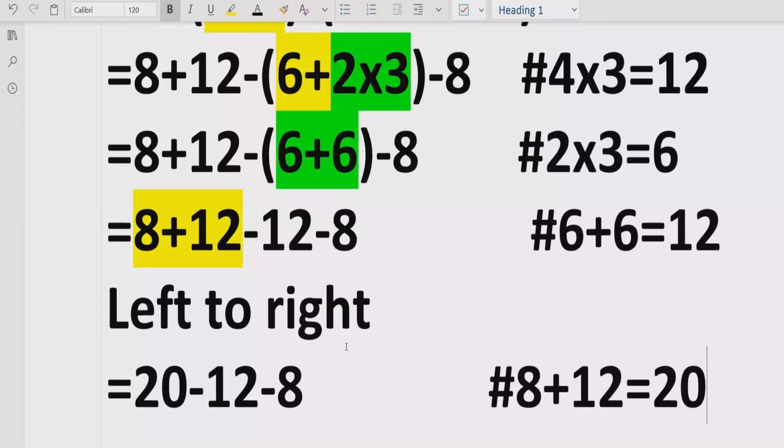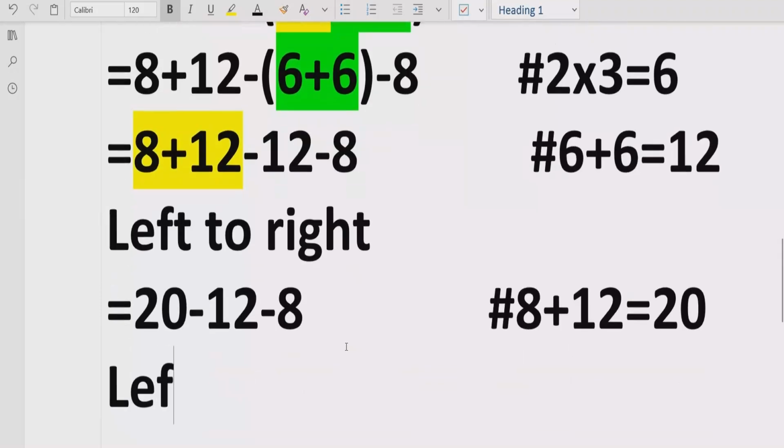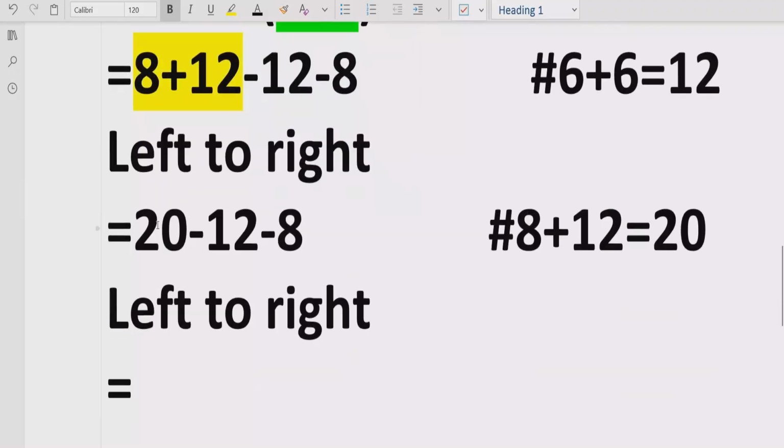Now move forward. Again, we have to go left to right in this expression and find out which is coming first. So now we have 20 minus 12. We will solve this one. We get the answer 8, plus 8. Why plus 8? Because we have the plus sign with the 20.